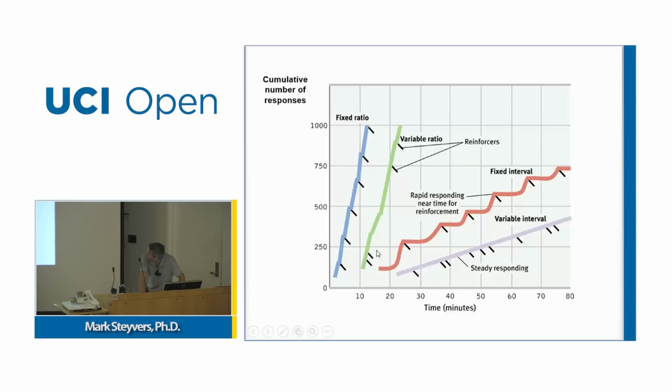For the variable ratio schedule, as you can see, there's no clear relationship between how many responses are between each consecutive reinforcement. On the other hand, for these fixed interval and variable interval schedules, it's the amount of time that elapses that determines if a reinforcement is delivered.